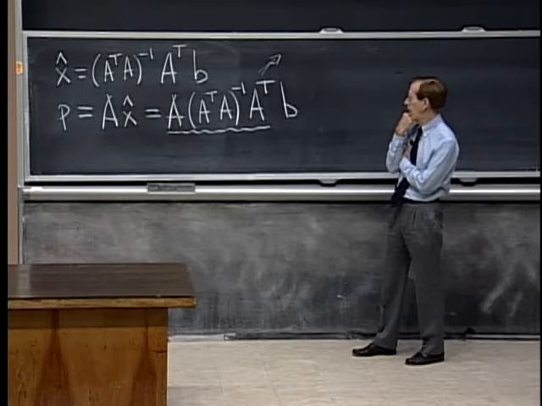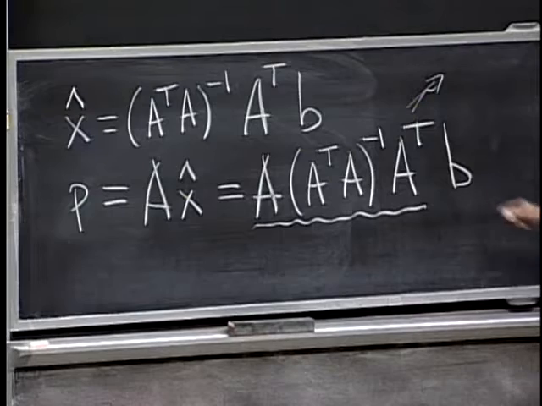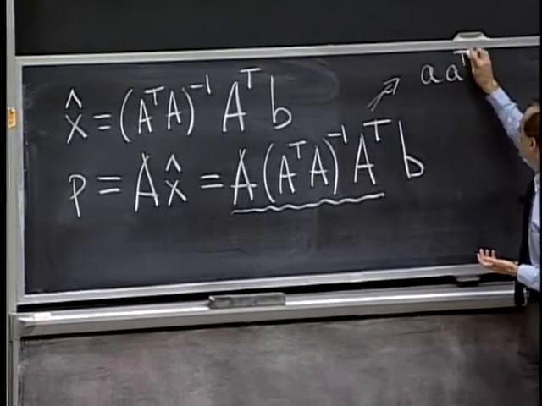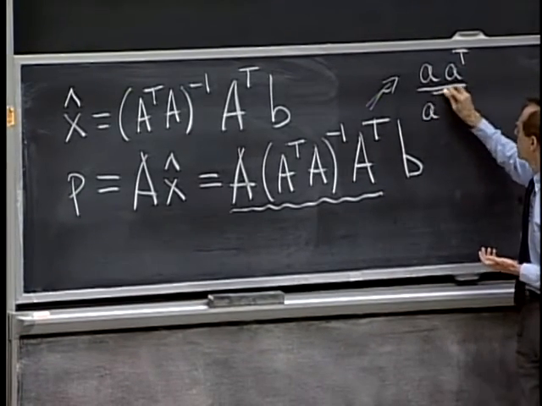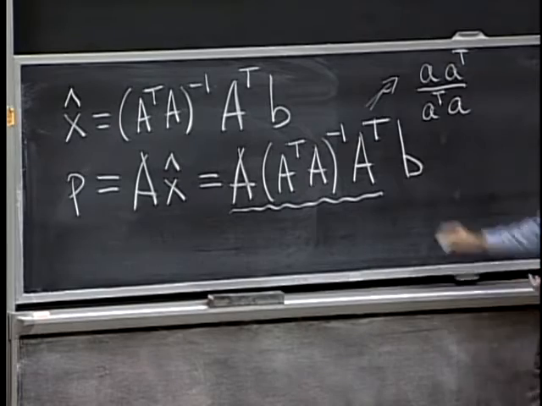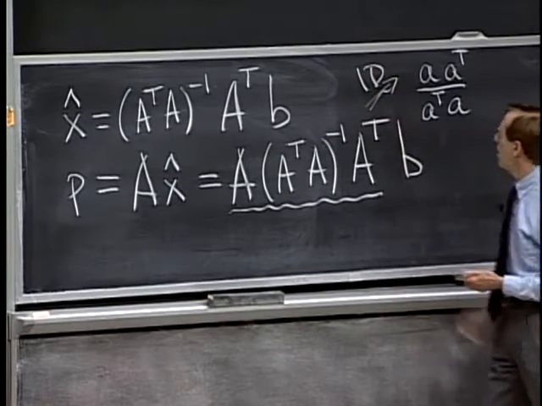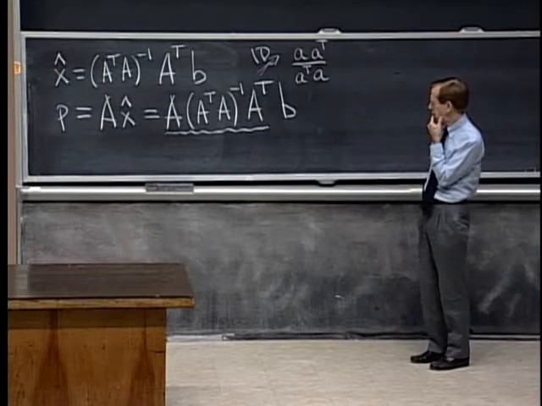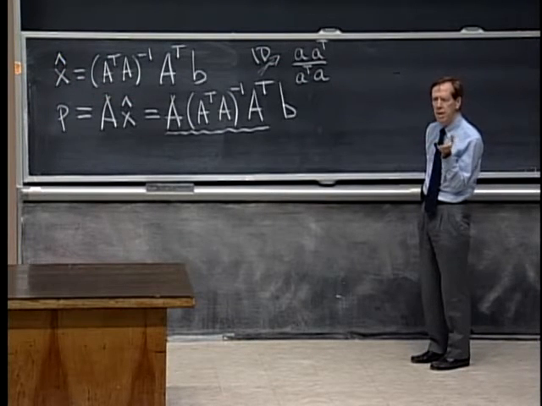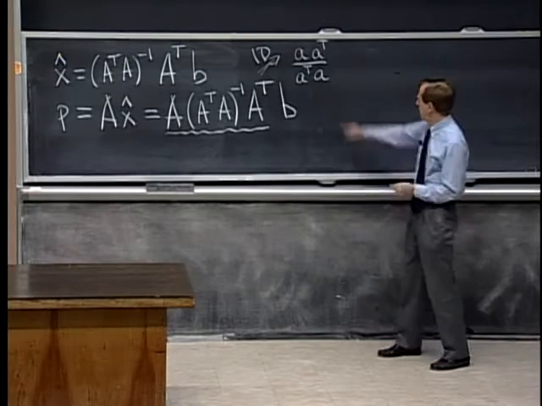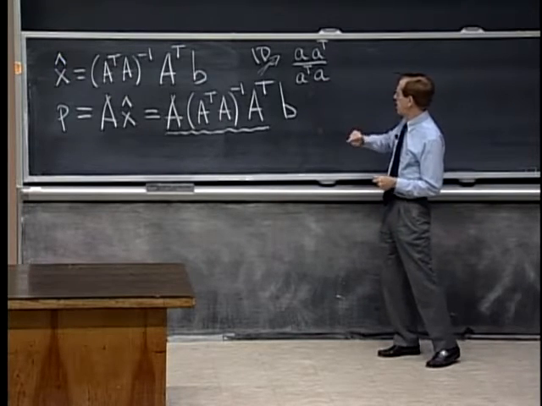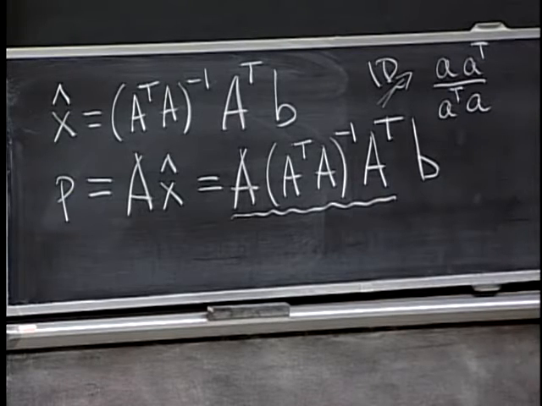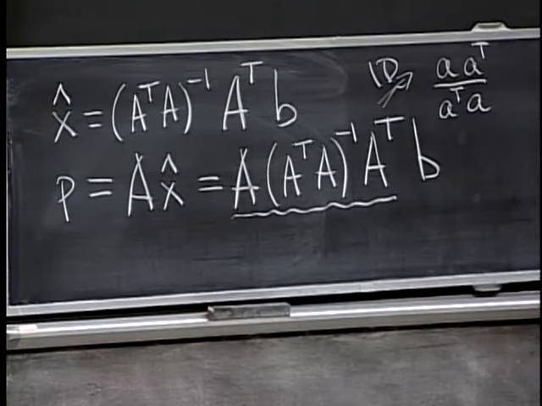Then A was just a column, so it was little a transpose over a transpose a, right? That's what it was in 1D. You see what's happened in more dimensions. I'm not allowed to just divide because I don't have a number. I have to put inverse because I have an n by n matrix. But same formula.